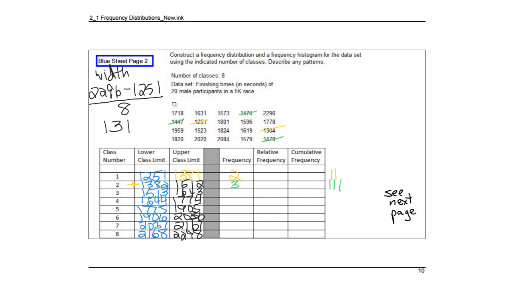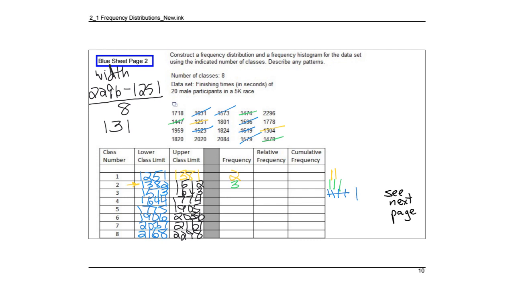So now I need from between 1,513 and 1,643. Okay, so let's see: 1631, 1523, 1573, 1596, 1619, and 1579.